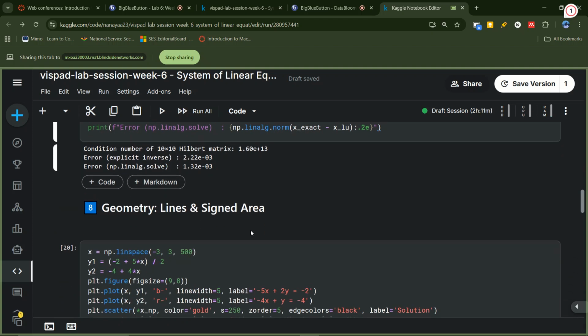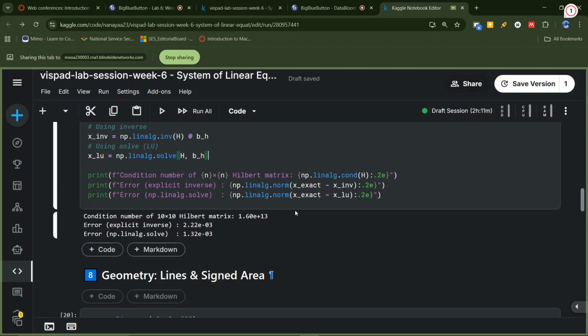This is just an abstract, something like a theory. The Hilbert matrix is famous for being mathematically valid, but extremely ill-conditioned, almost singular.